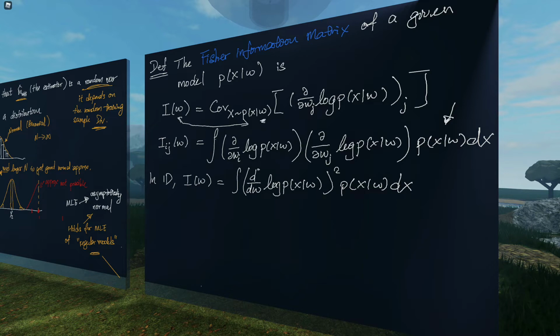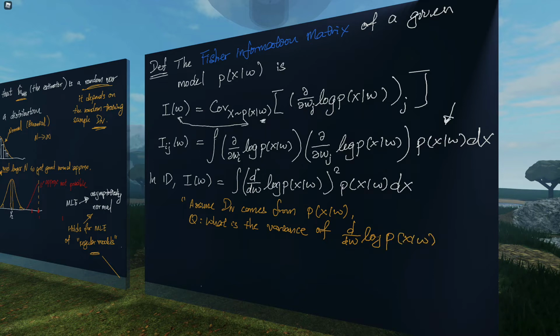So this is saying, assume that the data comes from the distribution there, and we ask, what is the variance? Because this is the diagonal component of the covariance matrix, it is the variance of the gradient of the log likelihood.